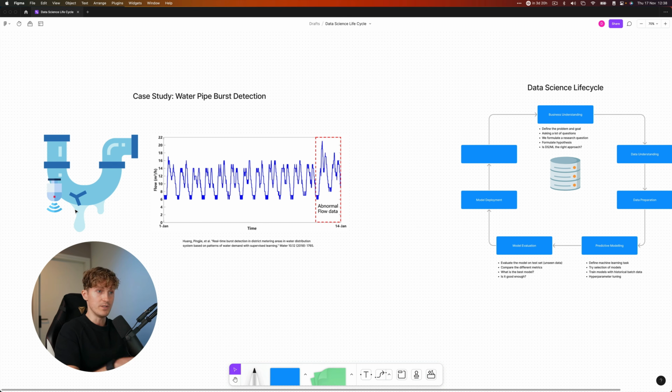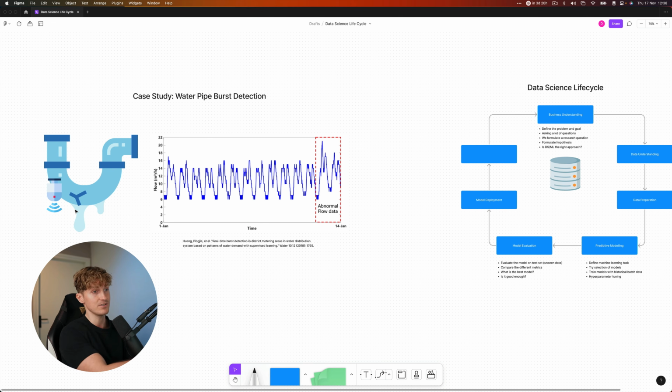And then what we do is we put the model somewhere in a place and we create a data pipeline that, depending on how often we want to send data to the model, but let's say it's really crucial that we detect leaks, bursts as early as possible, and we send it every minute.